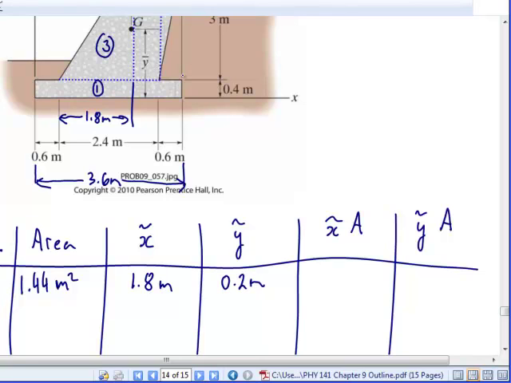Right, which is half the height. Okay, so then we're going to fill in the table by multiplying x tilde times the area. 2.592 meters cubed, and y tilde times the area. And that's meters cubed as well.